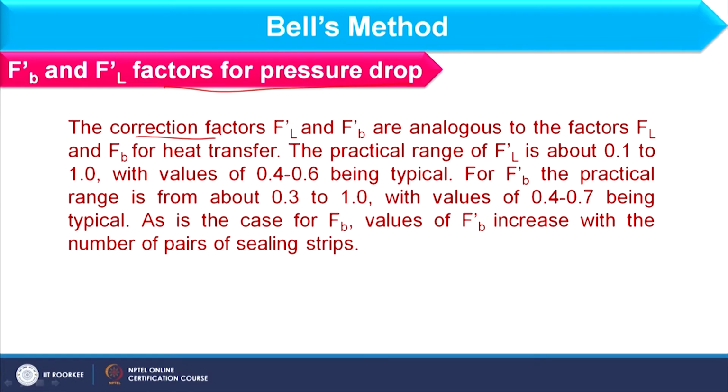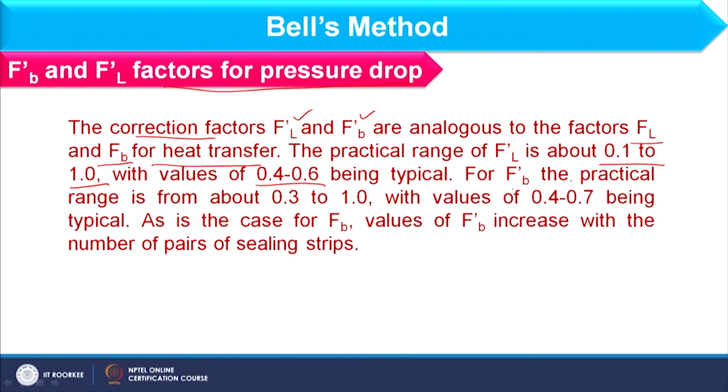The correction factors FL dash and FB dash are analogous to factors FL and FB for heat transfer, that we have already discussed. Now, the practical range of FL dash is about 0.1 to 0.9, okay, with values 0.4 to 0.6 being typical. So, it will be better if the value lies between 0.4 and 0.6.